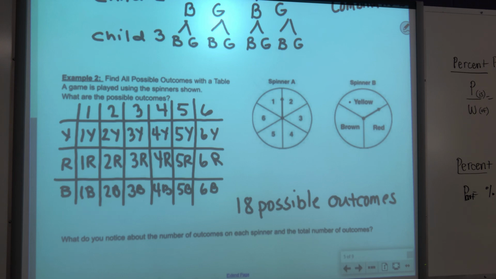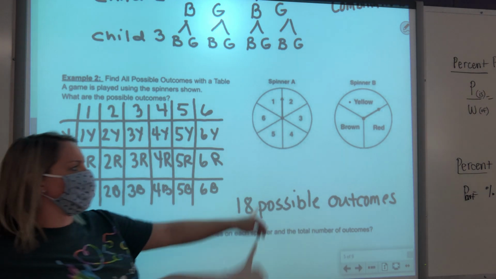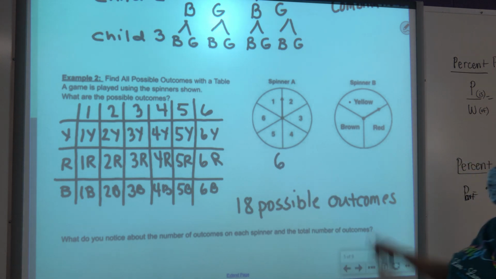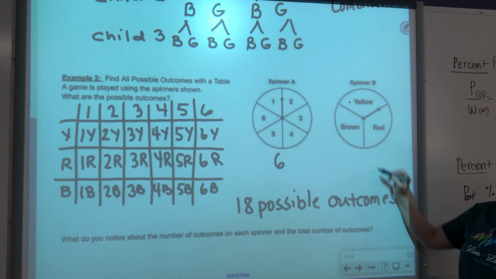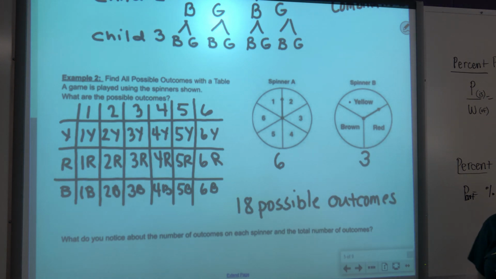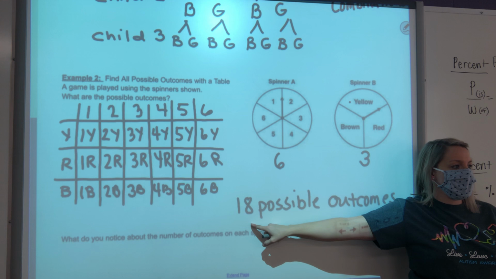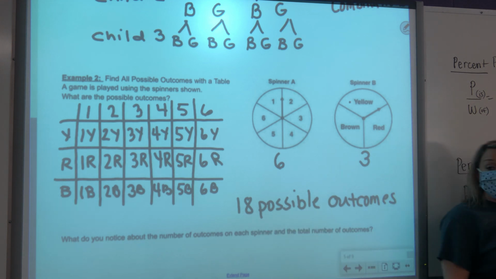How many outcomes are on spinner A? 6. How many outcomes are on spinner B? 3. What do you notice about the number of outcomes on each spinner and the total possible outcomes? 6 times 3 equals 18.